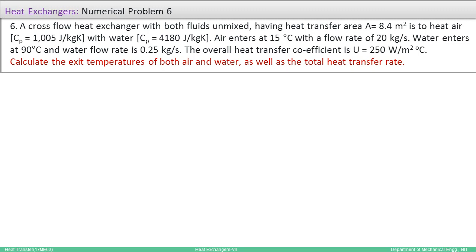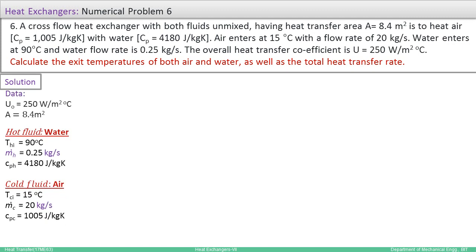This problem is very similar to the previous one, but the difference is that there is a cross flow heat exchanger with both fluids unmixed. So the listed data: flow rates and the inlet temperatures of both fluids are known along with their specific heats.